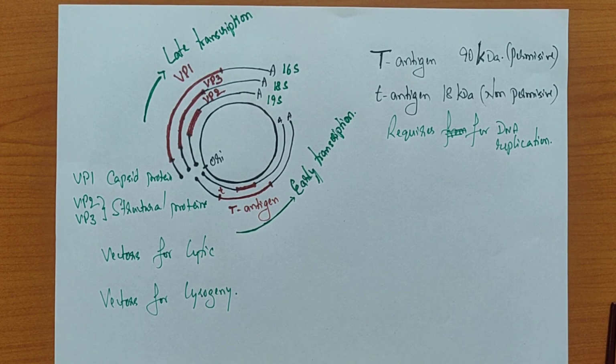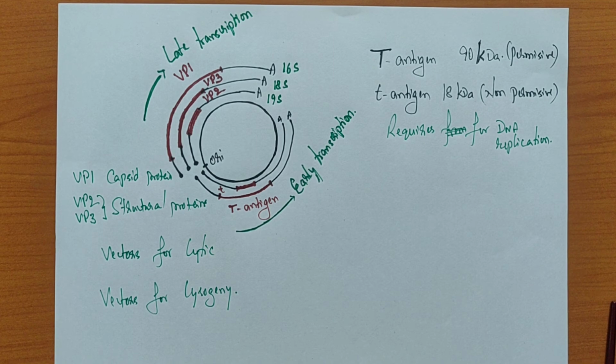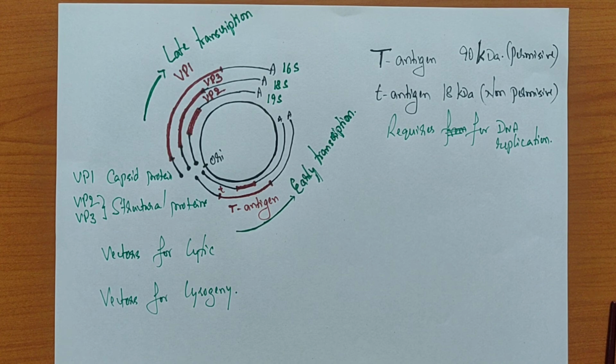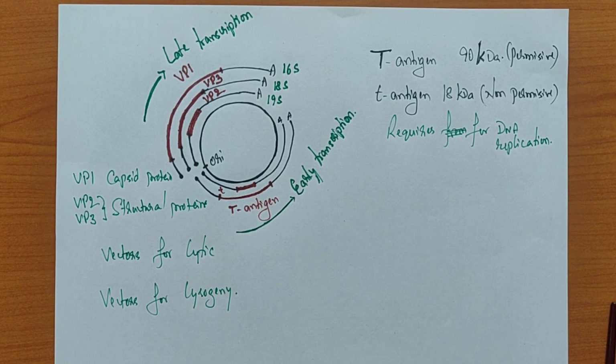We also discussed how to convert a blunt end to a sticky end or a sticky end to a blunt end, and the adapters and the linkers, which are useful in genetic manipulations. Then we discussed the vectors, which are the most challenging.